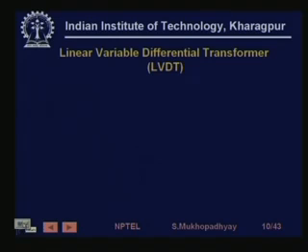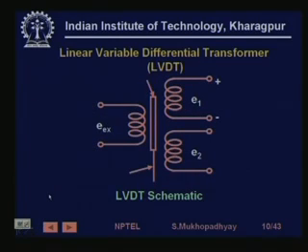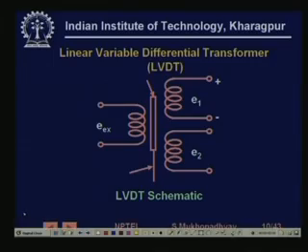Now we come to a very well known sensor, the linear variable differential transformer, the well known LVDT. This is very much used for accurate position sensing. A transformer is basically a set of coupled coils, so there is a variation of mutual inductance in this case.